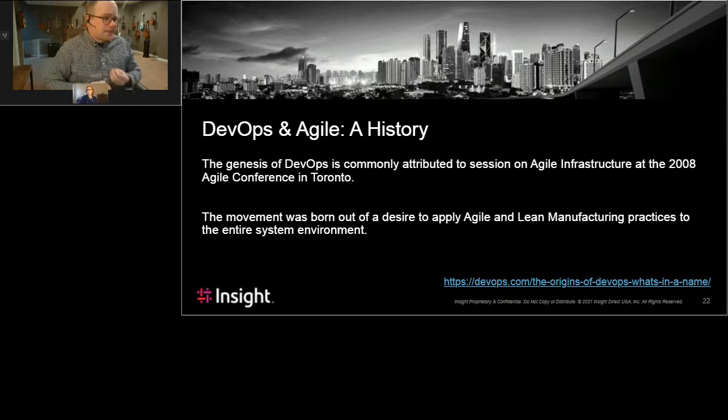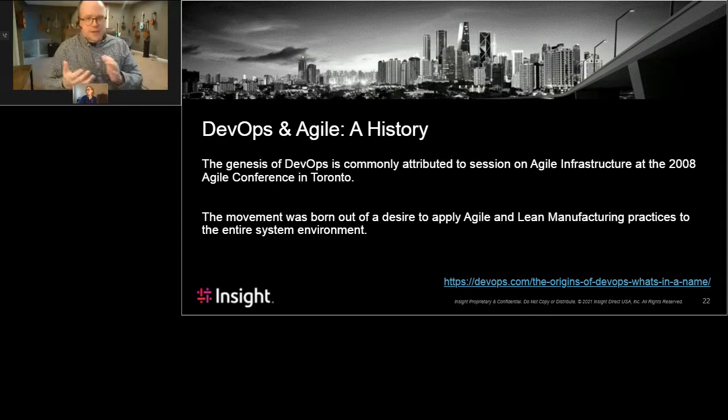DevOps is commonly attributed to coming out of a session on Agile infrastructure in 2008 at an Agile conference. Interestingly enough, the story is that only 2 people attended that session. Those 2 people in turn started to build out an online community around this stuff, and it led to a series of conferences called DevOps Days. And that's how the term DevOps was born.